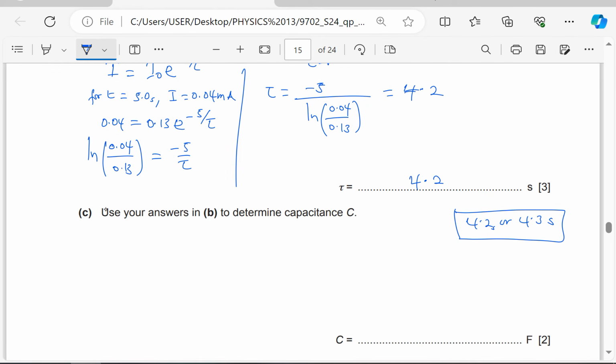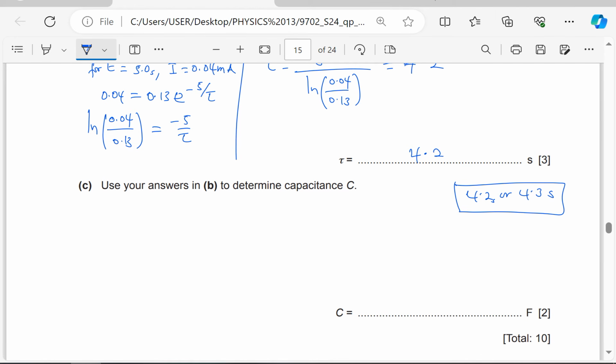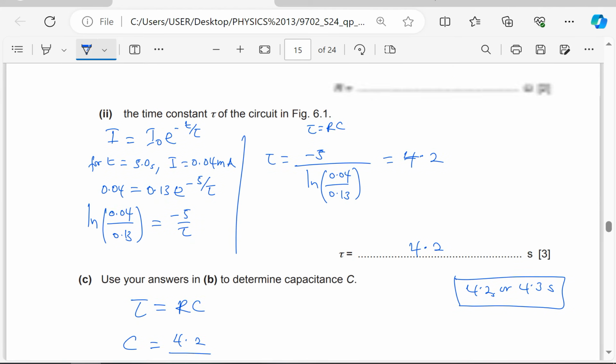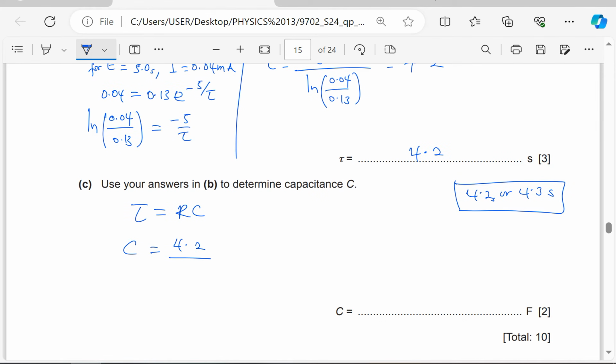Use your answers in B to determine the capacitance C. So I'll use my answer, which is 4.2. So we know that the time constant is the product of the resistance and the capacitance. So the capacitance C is going to be 4.2 divided by the resistance R, which is 9.2 times 10 to the power of 4.